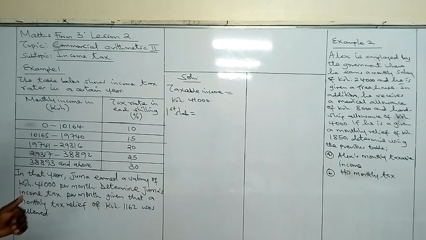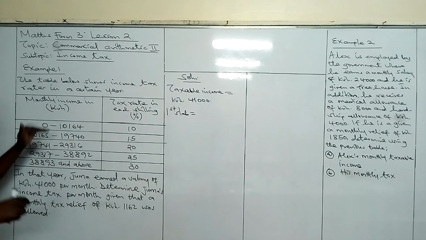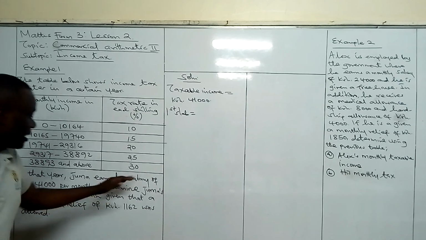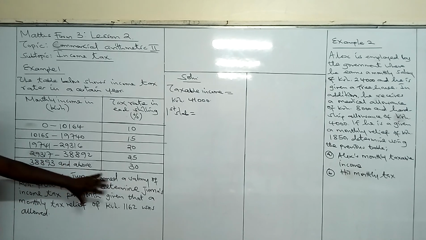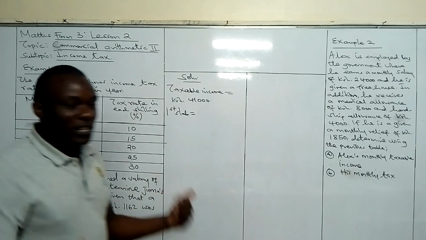You understand it first, because sometimes the income that you are given here is per annum, and the amounts given in the question are per month. So you need to do some conversion so that this amount of money is now per year, and the amount given in the table is per year. But in this case, it is per month, and the rates given here are per month. So that one is very okay.